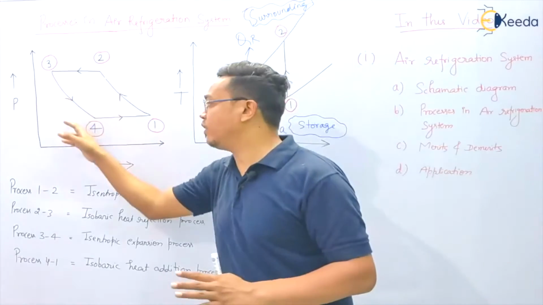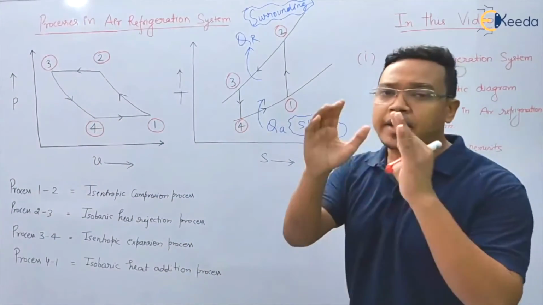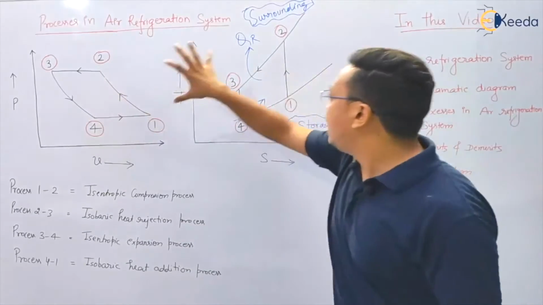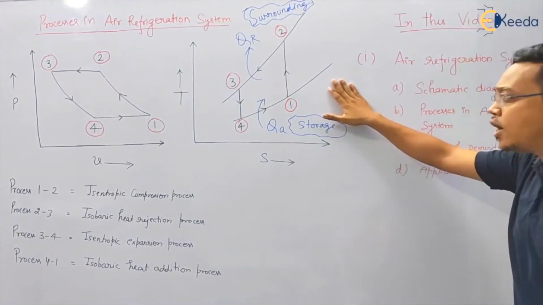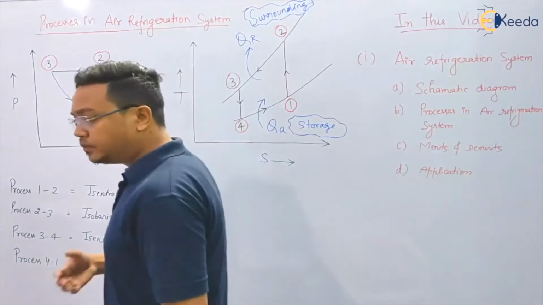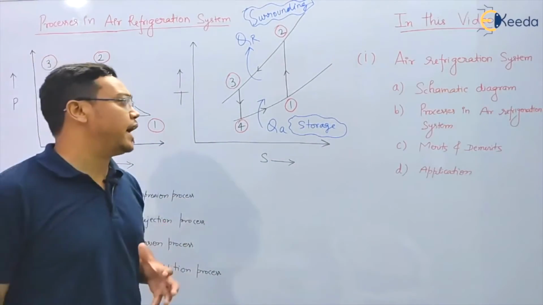And 3 to 4, isentropic expansion process. This is the PV diagram with detail. I have given the TS diagram here because we will use the TS diagram more frequently.